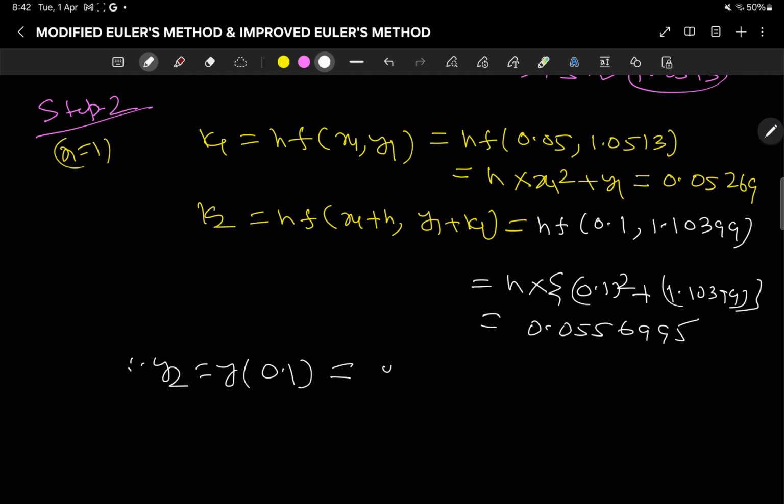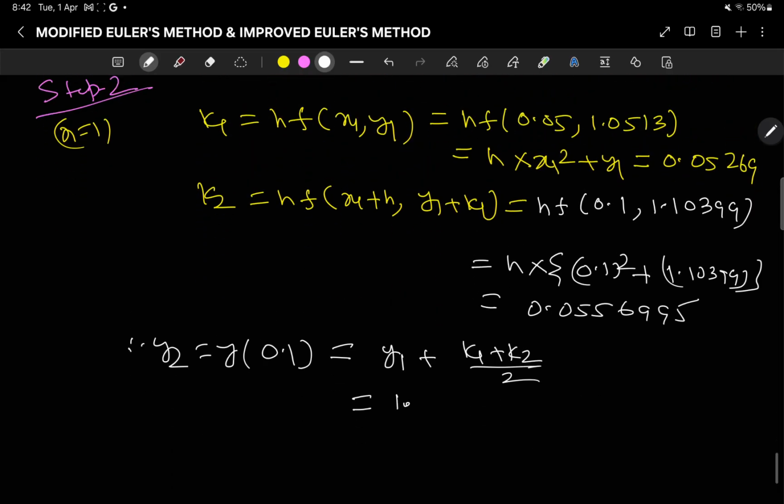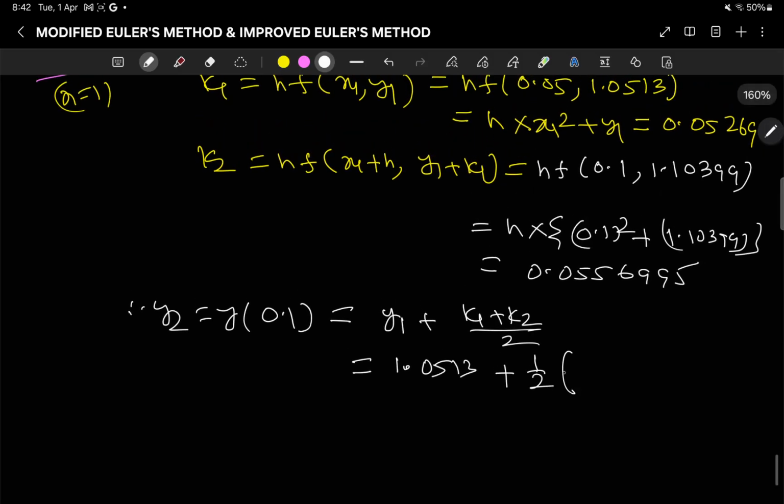So this is equal to y1 plus (k1 plus k2) by 2, and here y1 is 1.0513 plus half of (k1 plus k2). Here k1 is 0.05269 and k2 is 0.0556995.